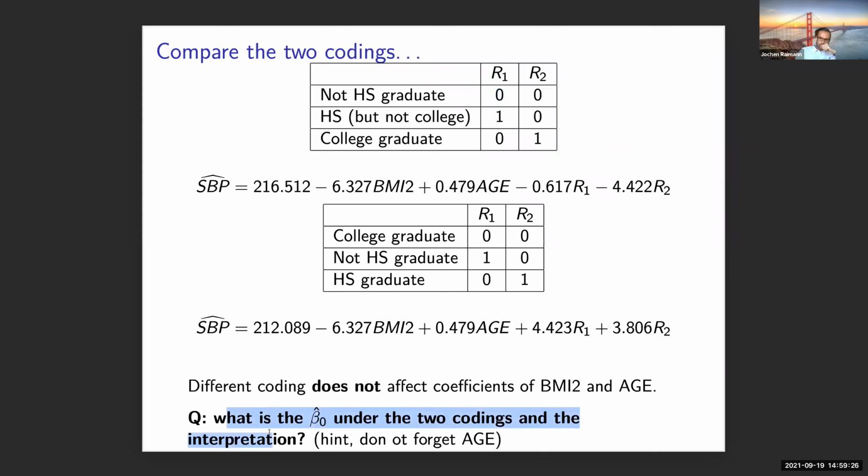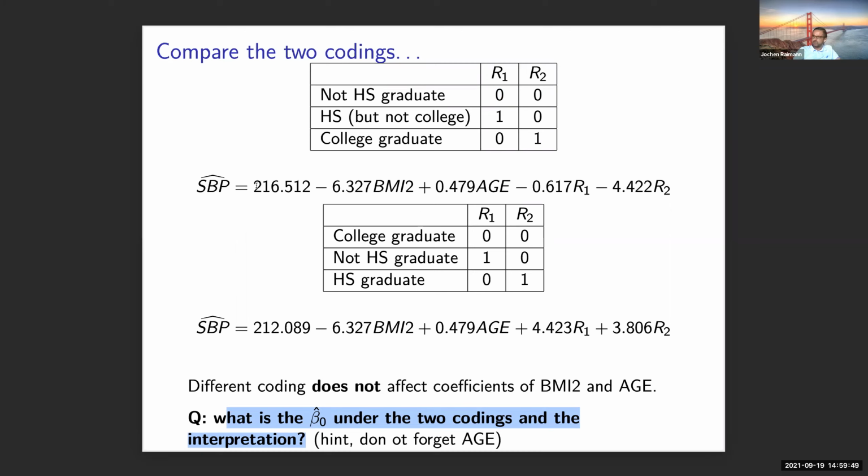So the question is, what is the beta 0 under the two codings? Don't forget age. What is the beta under the two codings? Well, it's the same beta 2. The only thing that changes is that you will need a different reference group that you're referring to.